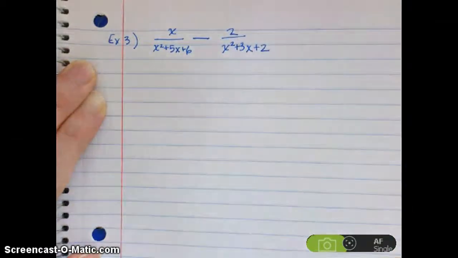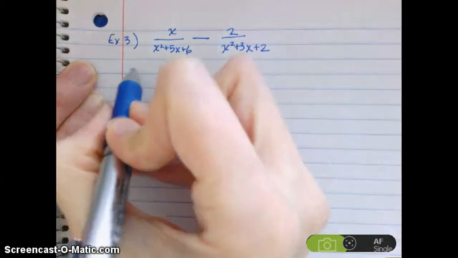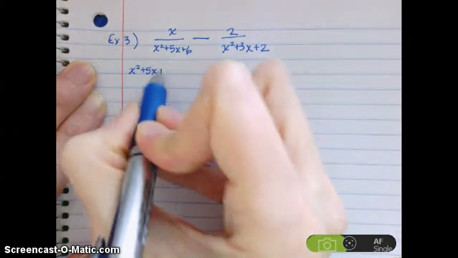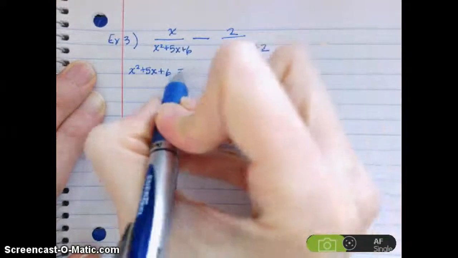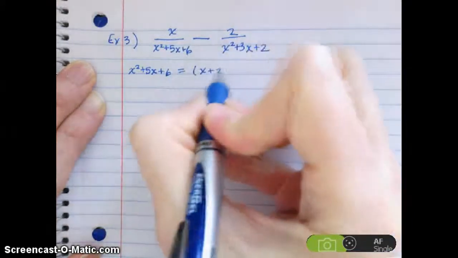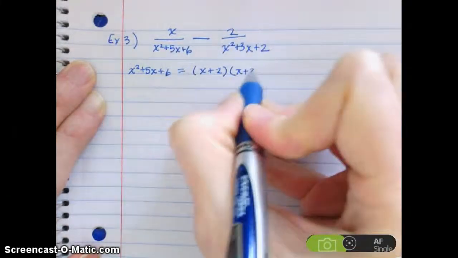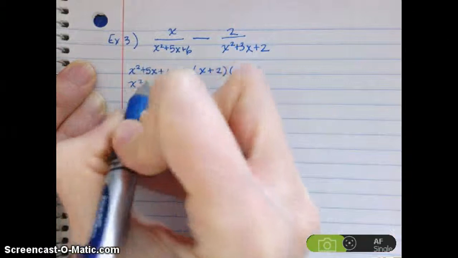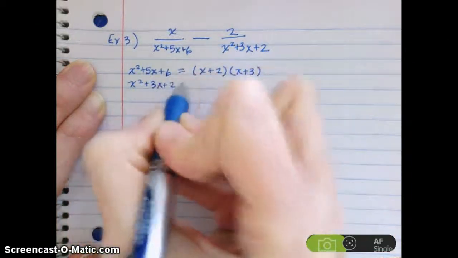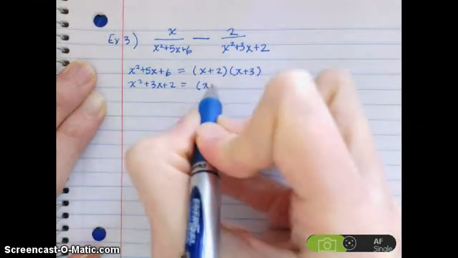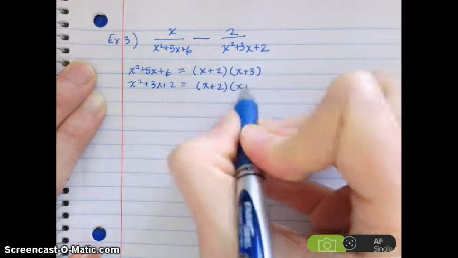Before I can subtract fractions, I need an LCD. The factors of x squared plus 5x plus 6 are x plus 2 and x plus 3. The factors of x squared plus 3x plus 2 are x plus 2 and x plus 1.